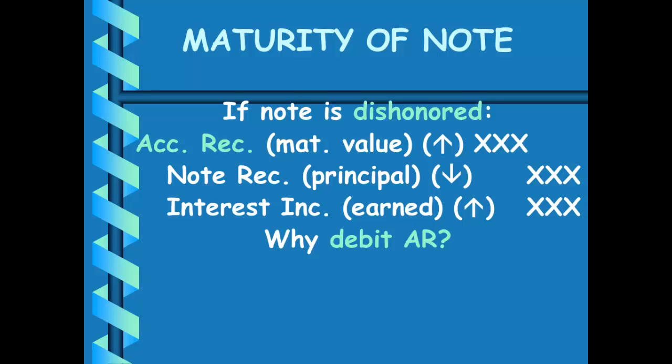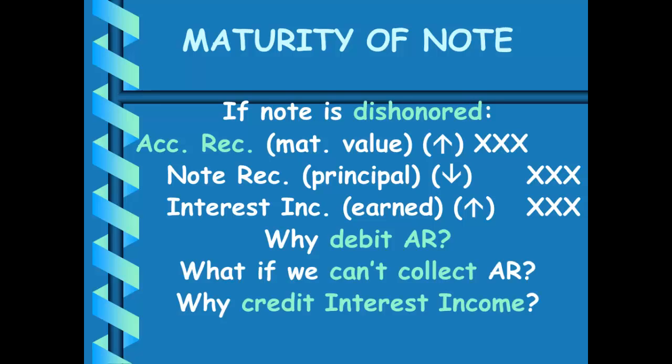What if I can't collect it? Well, that's what we talked about earlier in this class. Why credit interest income? Students don't like this. Some of them really want to argue with me about that, because how can we credit interest income if they didn't pay me? Well, it goes back to Chapter 1, Chapter 2, the accrual basis of accounting. It says revenue is recorded when it is earned, when we do the work, perform the service. So if I cut your grass and you don't pay me today, but you promised to pay me later on, I've earned revenue.